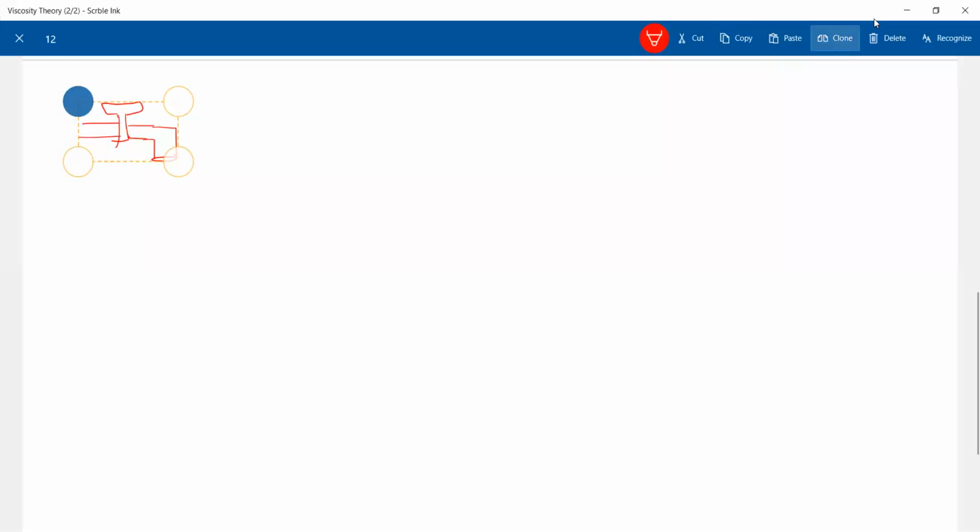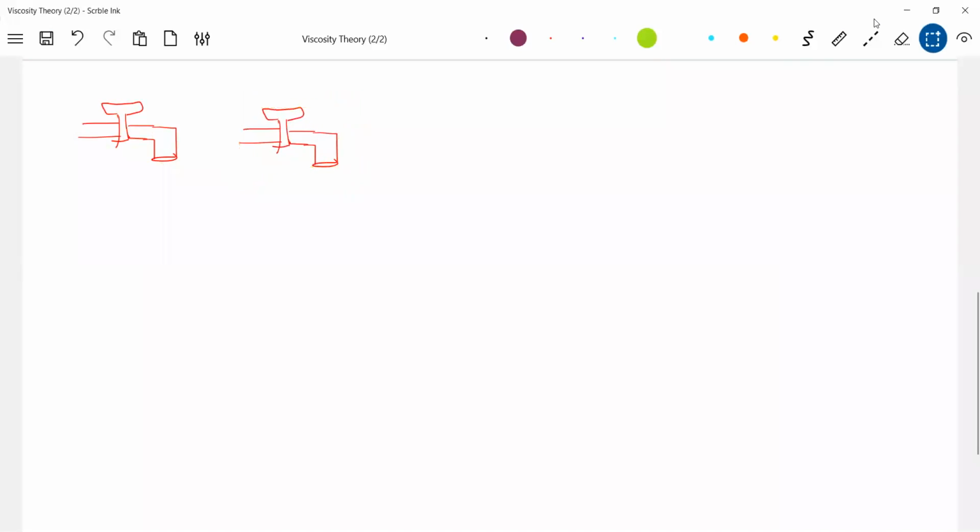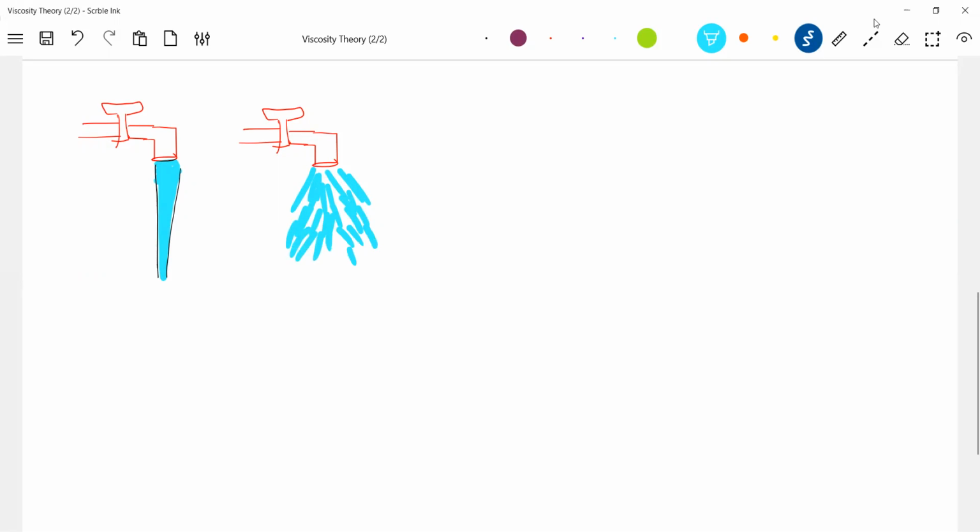If there are two taps, the water here, if it falls like this, then this will be streamline flow. Instead, what will happen is the water will rush like this if you open it fully. This is turbulent.